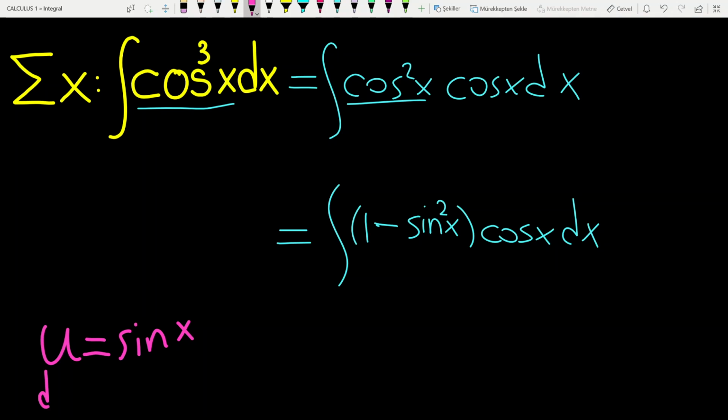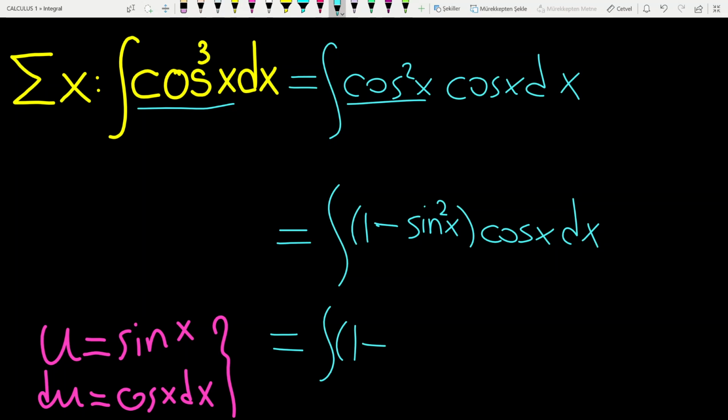In this case, du becomes cosine x dx. Let's use this substitution to solve the integral. In this case, we have the integral of 1 minus u square, and instead of cosine x dx, we have du.